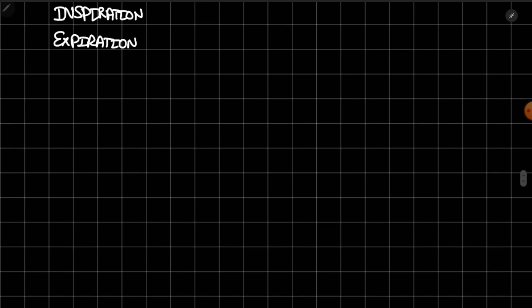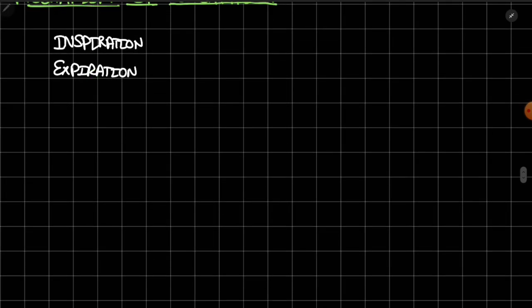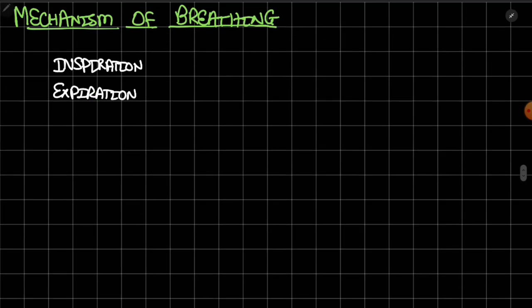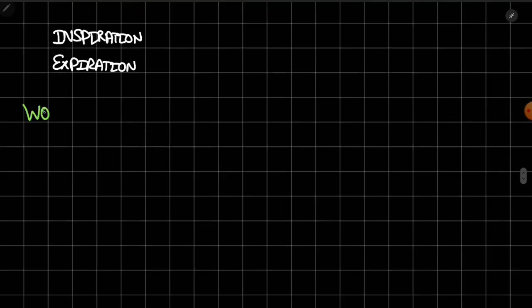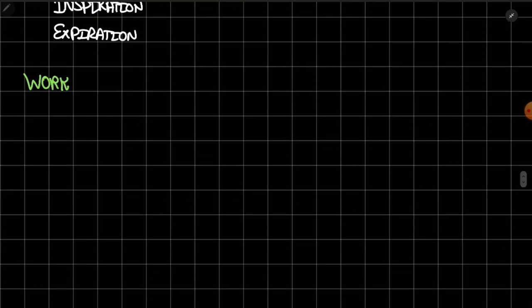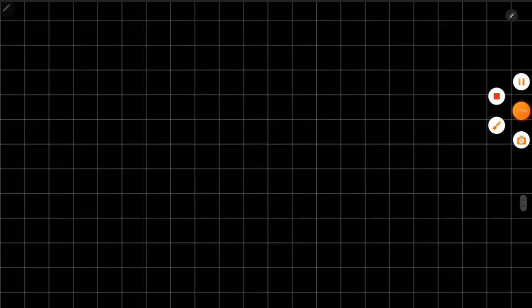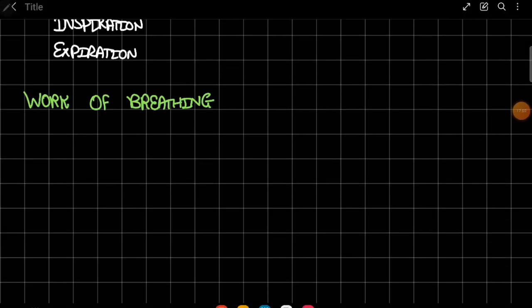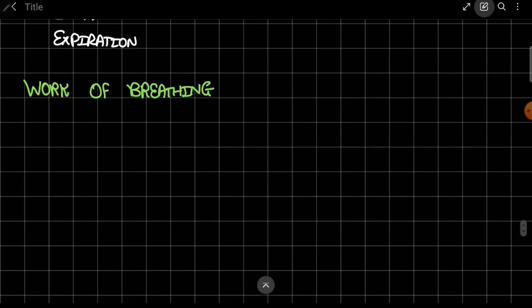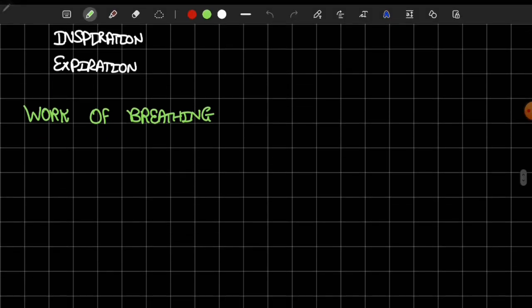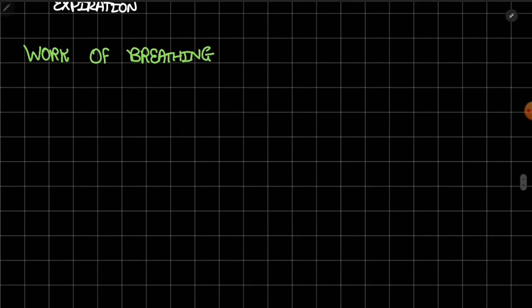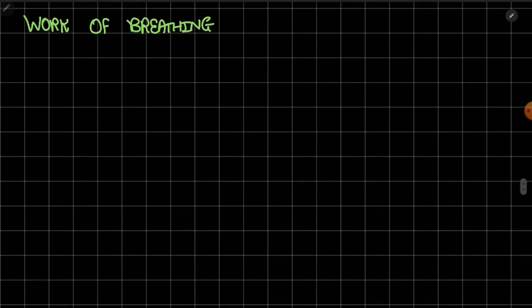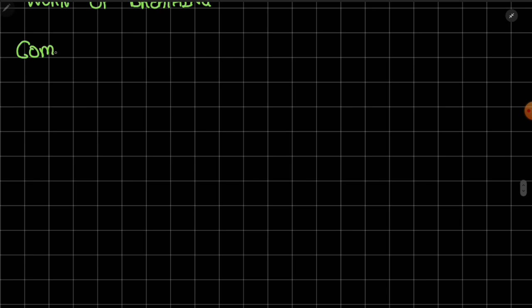Now the main part of the mechanism of breathing is the work of breathing. This work of breathing will be dealt with a little later, because we have to learn a very important concept first, which is compliance.